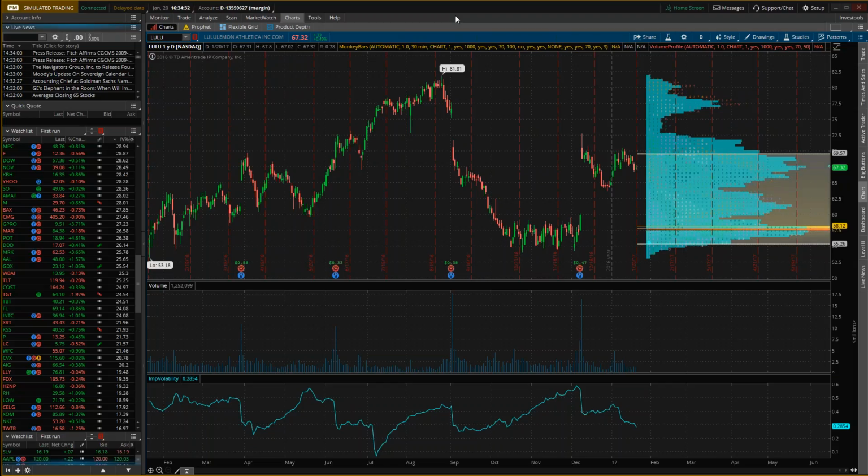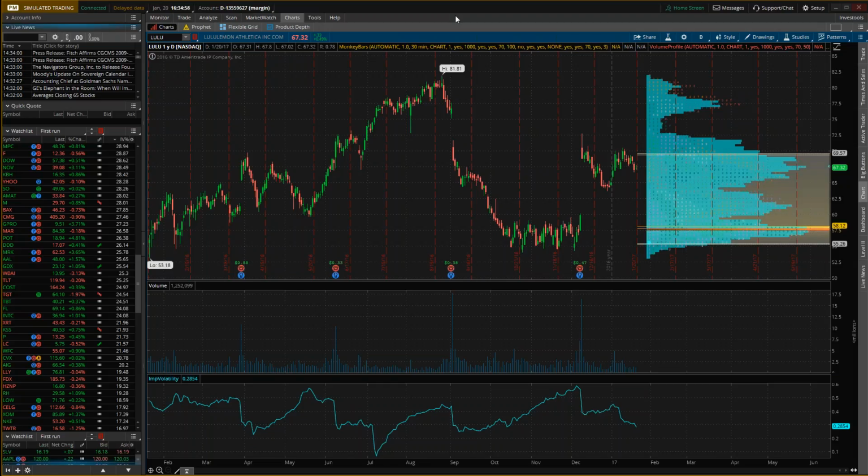So yes, it is hard to find a good stock to fit with this strategy. It's not going to just fit with everything. It's a little easier with the put butterfly than it is with the call butterfly. The call butterfly is much more difficult just because there's usually less premium, I guess, in the calls than there is in the puts.